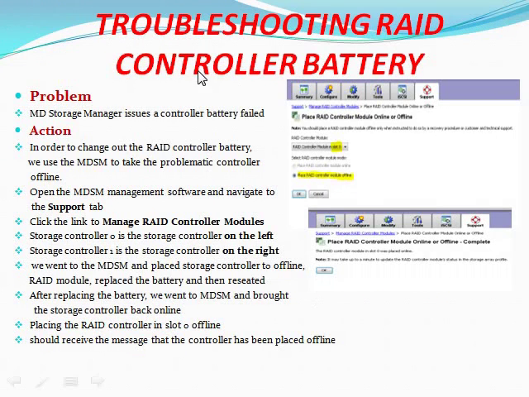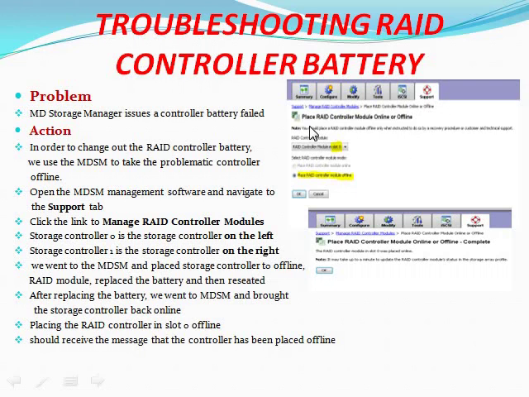Now, troubleshooting the controller battery. If the MD Storage Manager issues a controller battery failed message, in order to change out the controller battery, we use MDSM to take the problematic controller offline. Now open the MDSM storage software and navigate to the Support tab.